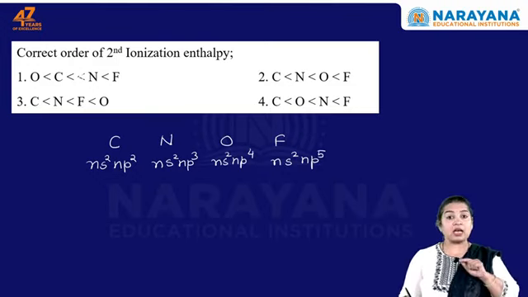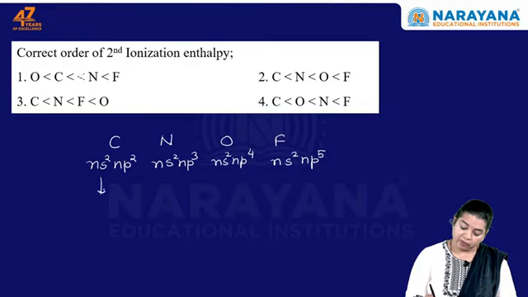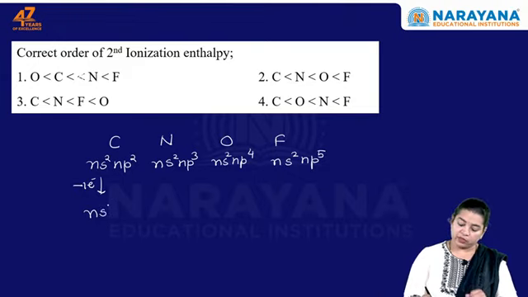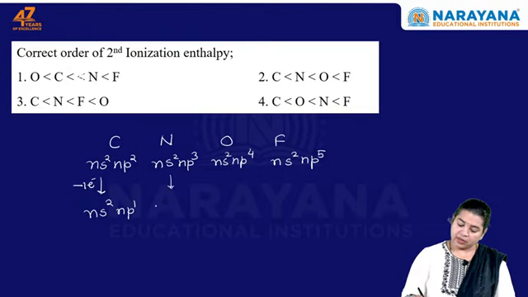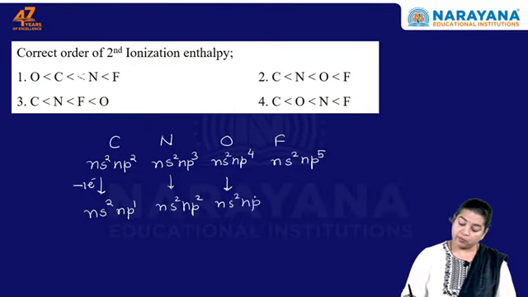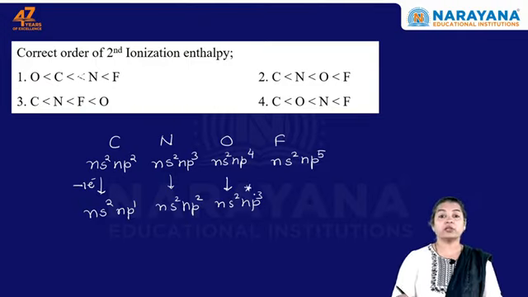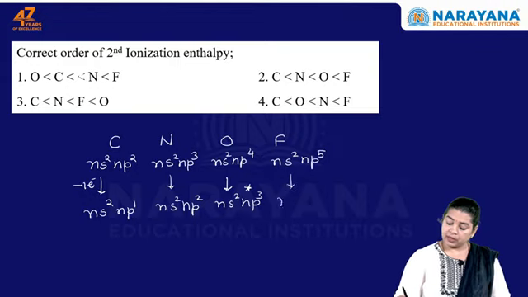This is the configuration when they are in ground state. But the question is asking about the second ionization enthalpy. So I have to release one electron from all of these and now rewrite the configuration: ns2np1, ns2np2. This will become ns2np3, and I have to mark here as important because now it is half-filled p orbitals, right?